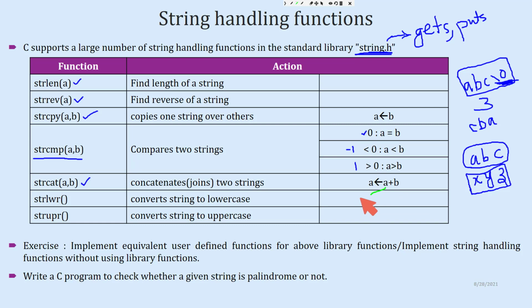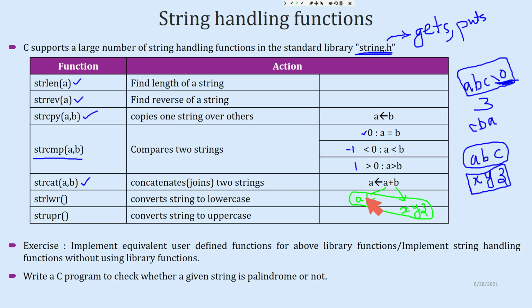If A is ABC and B is XYZ, it will join these two strings and the entire string becomes ABCXYZ. That resultant string will be stored in A.